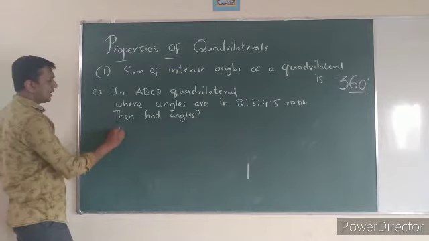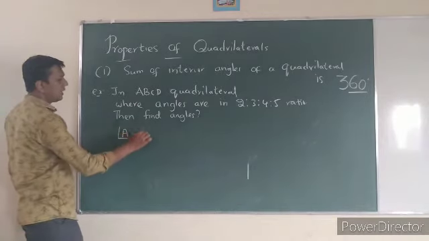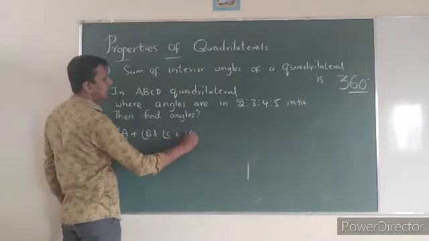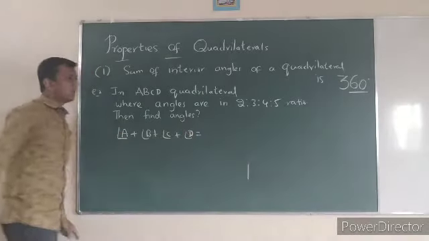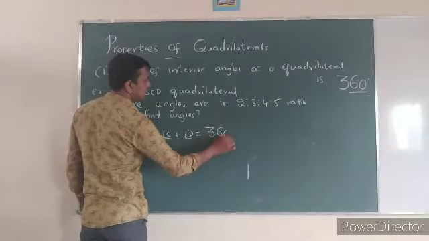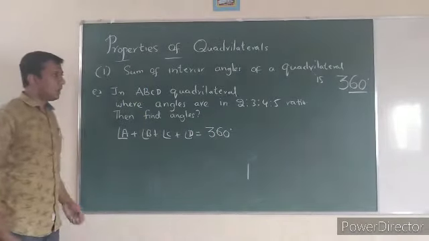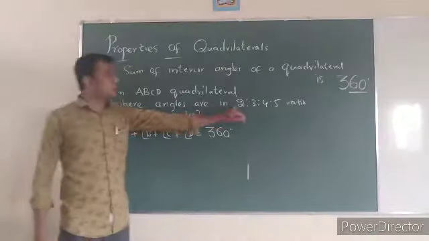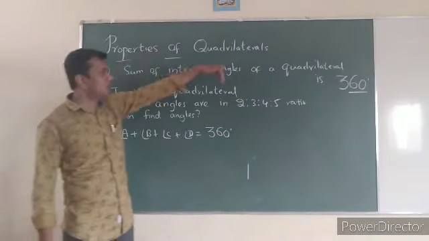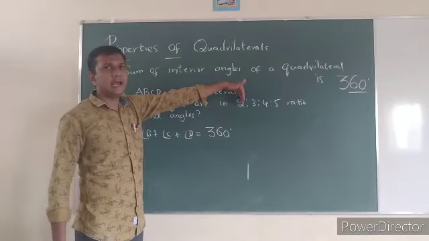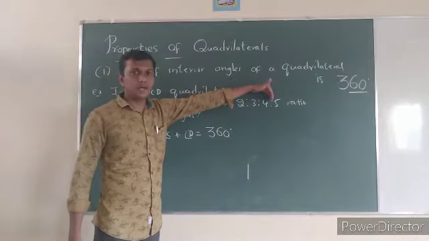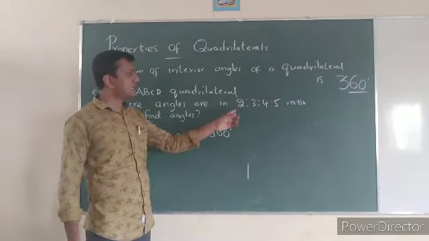We know that in a quadrilateral, angle A, angle B, angle C, angle D are the 4 angles. If you add these 4 angles, it will give us 360 degrees. Now, he has given the ratio 2:3:4:5, so consider the angles as 2x, 3x, 4x, 5x. What is the meaning of ratio?